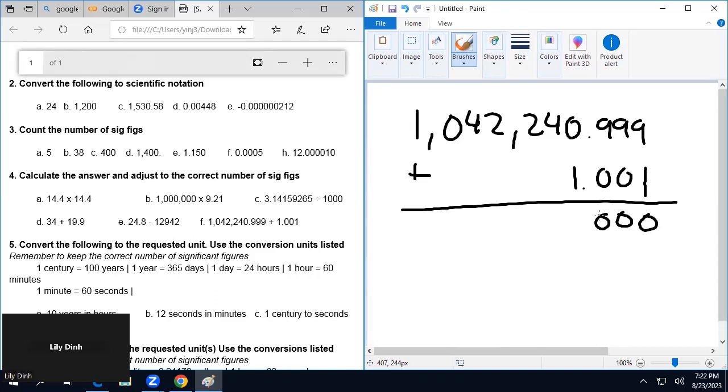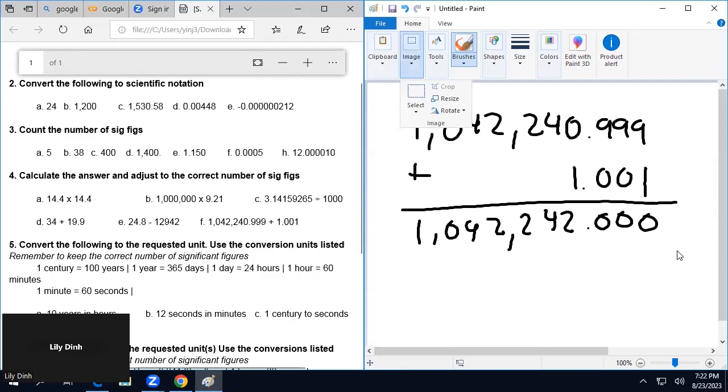They have the same sig figs, the last 3, the lowest. I did this one on purpose. We'll see why in a second. Okay, 0, this becomes 1, 2, 0, 1.